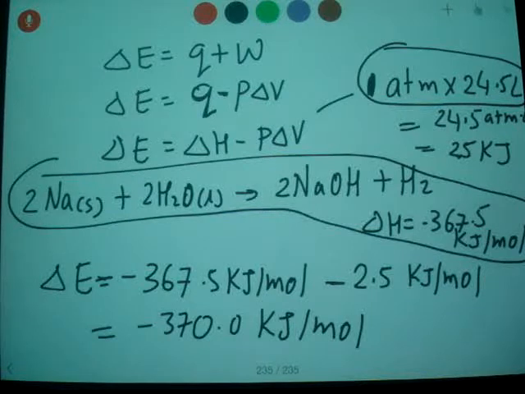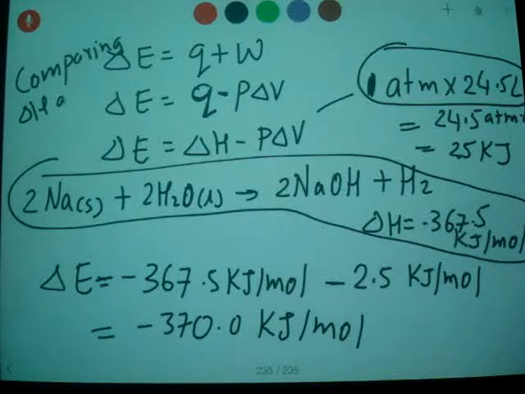What we are doing, we are comparing delta H and delta E. So that's kind of mathematical equations. We are going to work on one more problem quickly, and then we'll take a break.